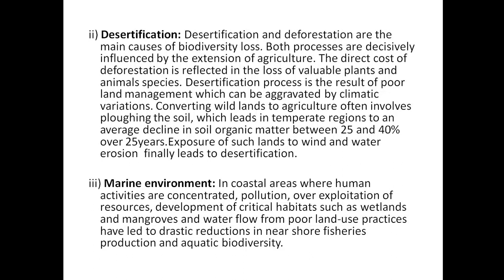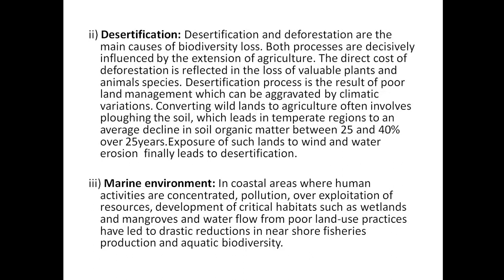The next one is desertification. Desertification and deforestation are the main causes of biodiversity loss. Both processes are decisively influenced by the extension of agriculture. The direct cause of deforestation is reflected in the loss of valuable plant and animal species, and the desertification process is the result of poor land management, which can be aggravated by climatic variations.